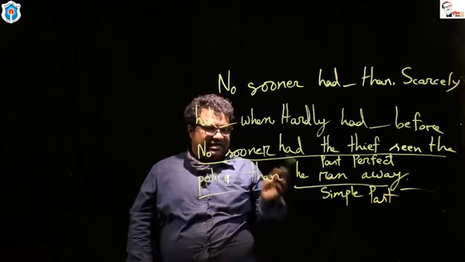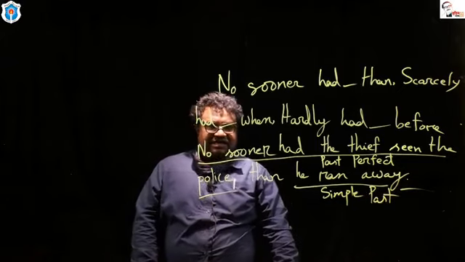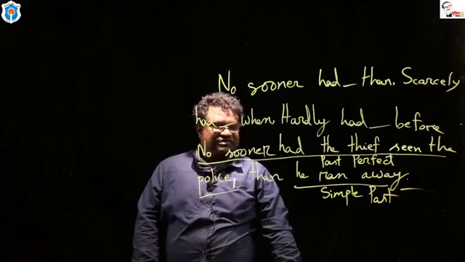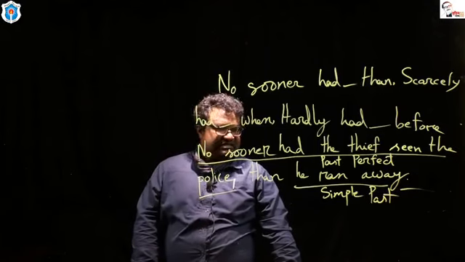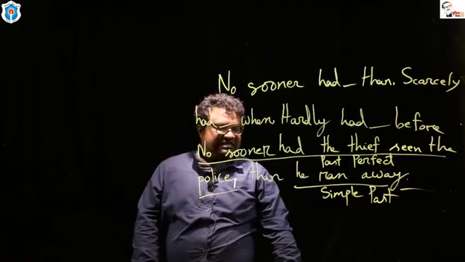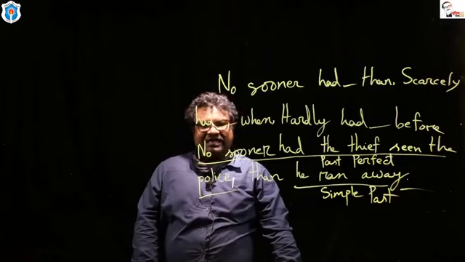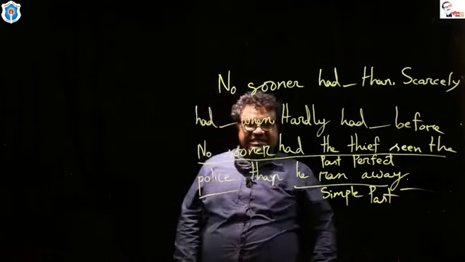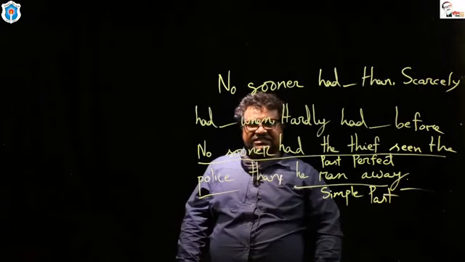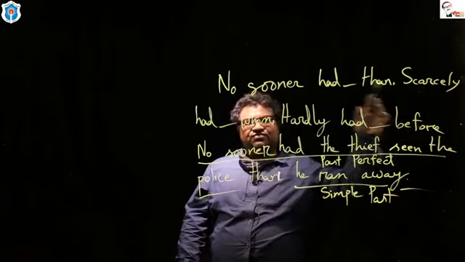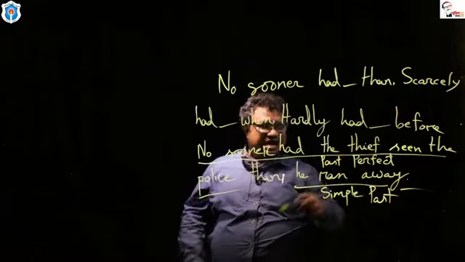So the part preceding this than, with this phrase no sooner, will be in past perfect tense, while the part after this than will be in simple past. This structure is the same in case of scarcely had when, hardly had before.